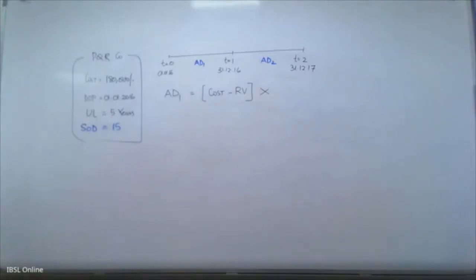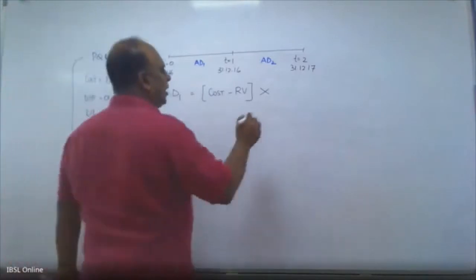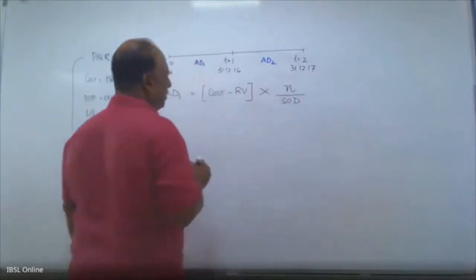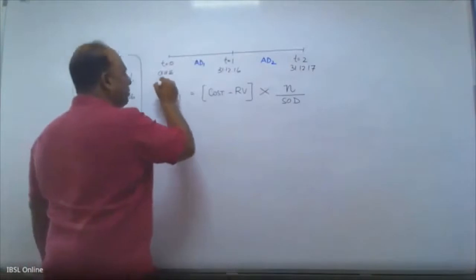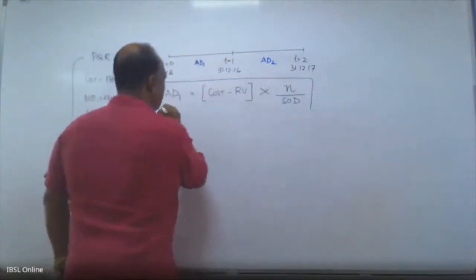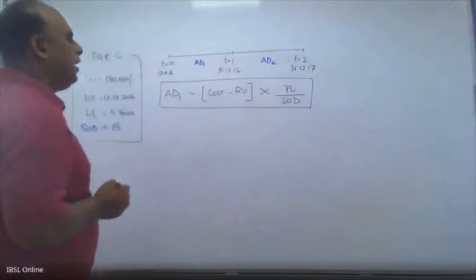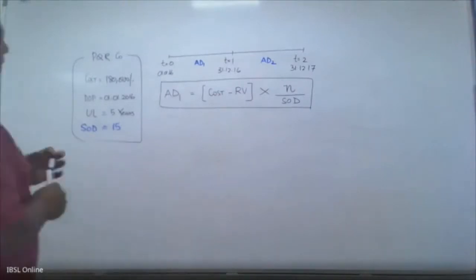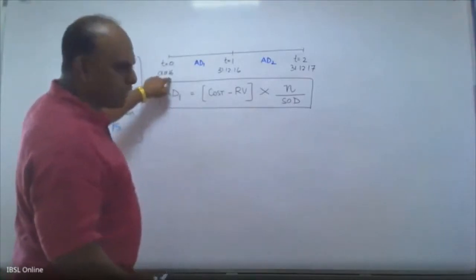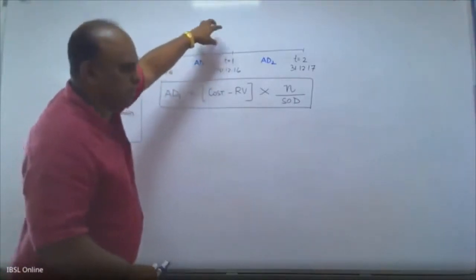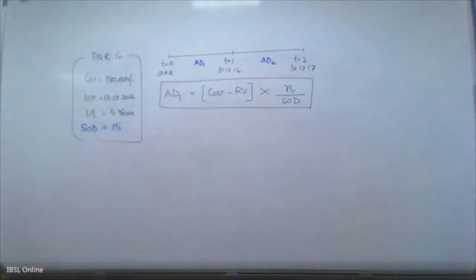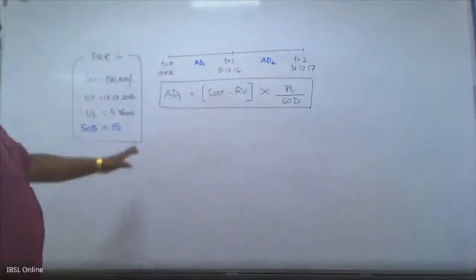What I'm going to use is n divided by sum of digits. This formula you have to remember. Here, since it is on 1/1/2016, we have a full year depreciation, that is 12 months. Even if you think about the prorate convention, you don't have a problem because it covers 12 months. So you don't have to prorate again for the number of months.